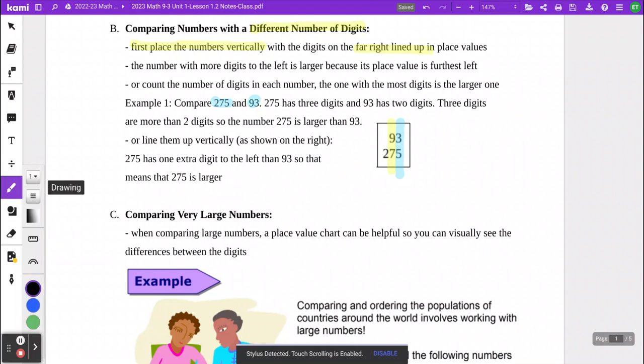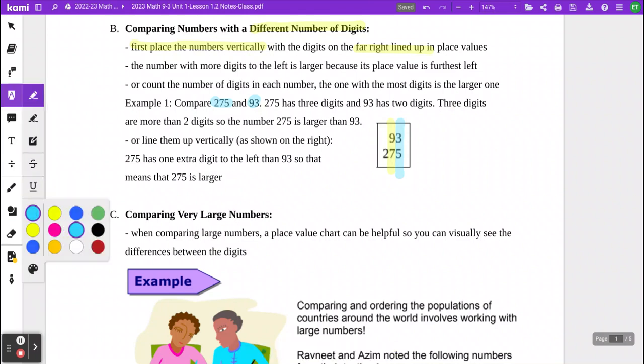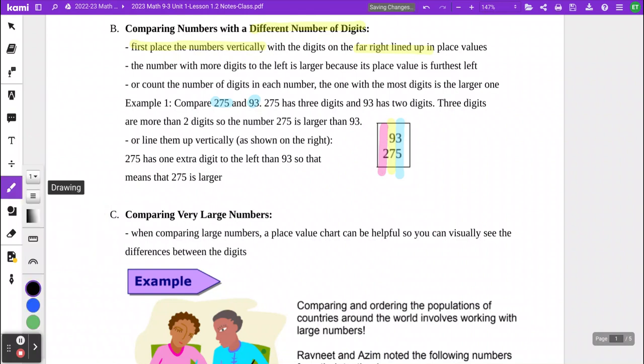But when you look at the third spot, 93 doesn't have a second number. So that means the number with the 2 is going to be bigger. So here we've got identical 2 numbers, here 2 numbers, here only 1 number. So the one with the most amount of digits, this has 3 digits, 2 digits, 3 digits will be bigger. Okay? So that's how we know.